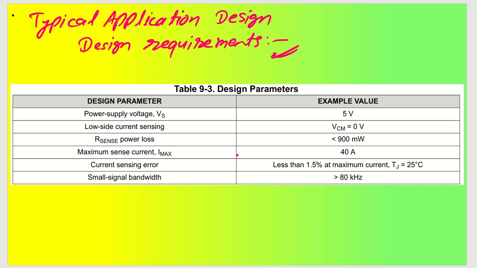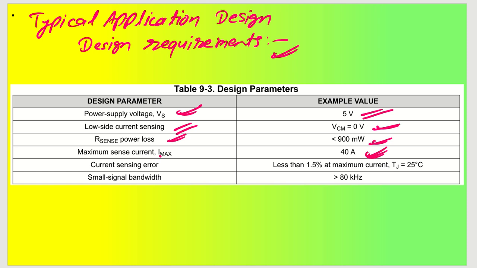So basically we have a power supply voltage which is 5 volt, and we have low side current sensing, and then the R sense power loss is 900 milliwatt or lesser than that. So the power dissipation across the R sense value must be less than 900 milliwatt. Then the maximum current across the sense resistor is 40 amperes.